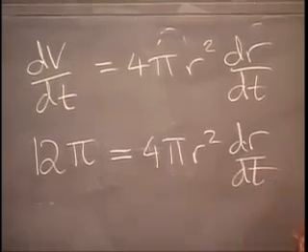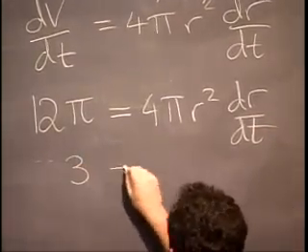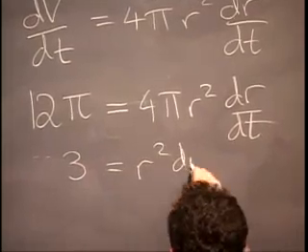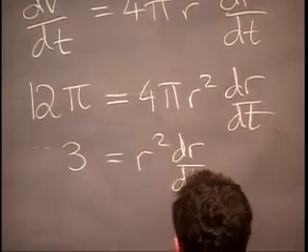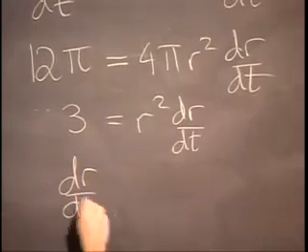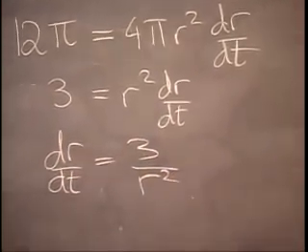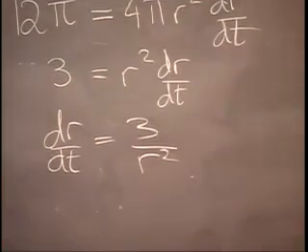And we get this equation, which we could actually simplify a little bit. 3 equals r squared dr dt. Actually, I'll change my mind. dr dt is 3 over r squared. That's a general sort of equation for dr dt.